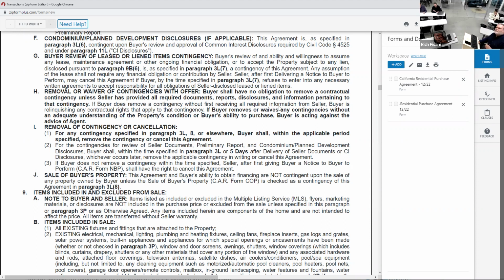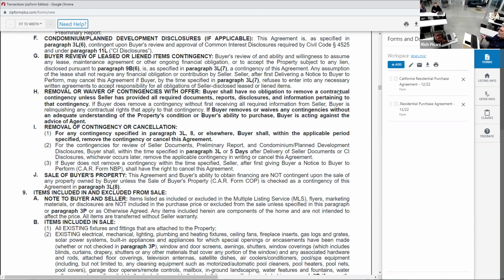if buyer removes or waives any contingency without an adequate understanding of the property's condition or buyer's ability to purchase, buyer is acting against the advice of the agent. So always get in writing an instruction from your buyer: are you ready to remove this? Are you sure? Get it in writing.